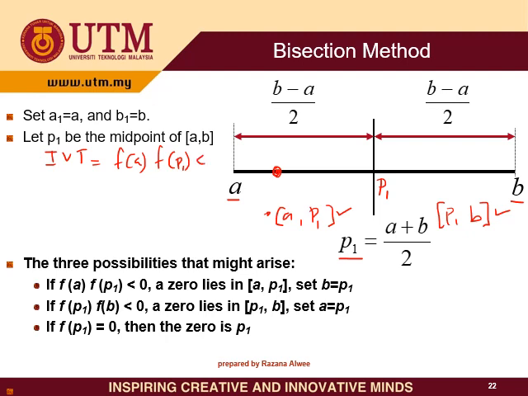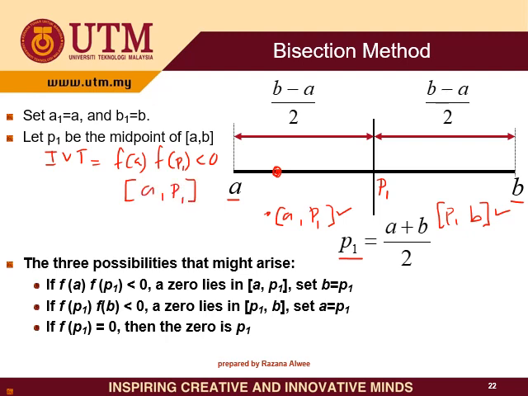FP1 is less than 0. Let's say it is less than 0. When you do this and it is less than 0, you will have your new interval that you want to check. It is A and P1.